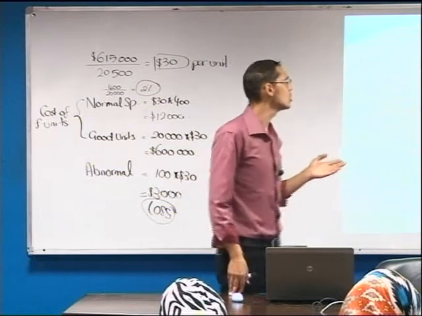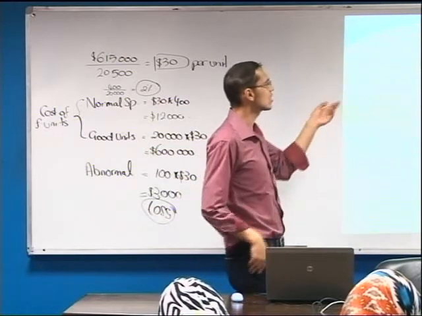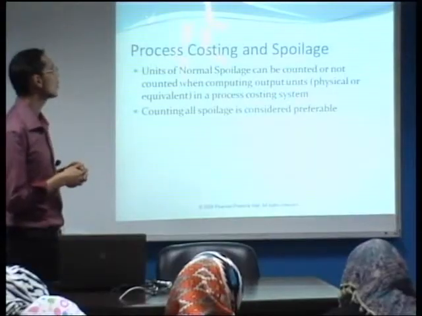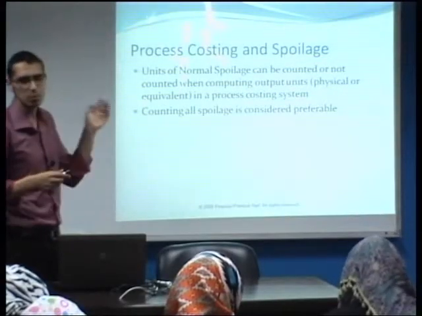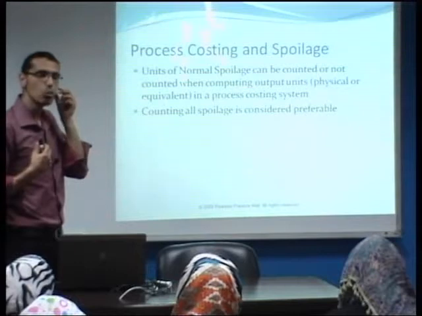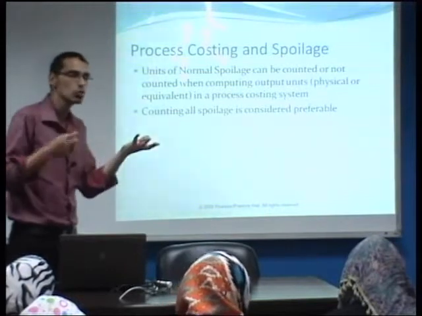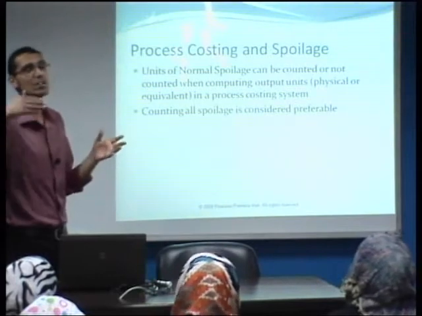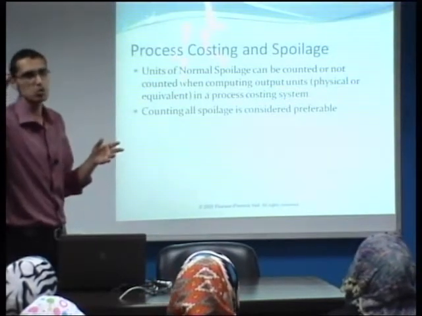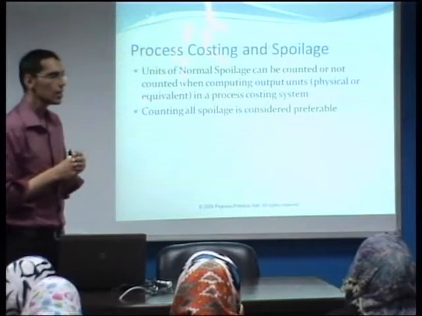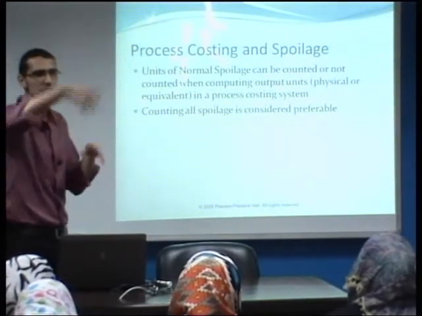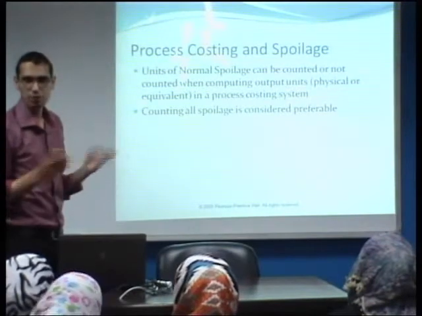Of course, here, units of normal spoilage can be counted or not counted when computing output units, physical or equivalent, in a process costing system. Of course, we have the choice to count or not count the normal spoilage. If we are not going to count the normal spoilage, the cost of the normal spoilage will be considered directly as a cost of good units.